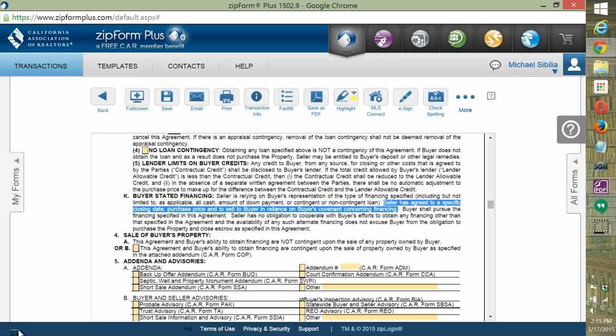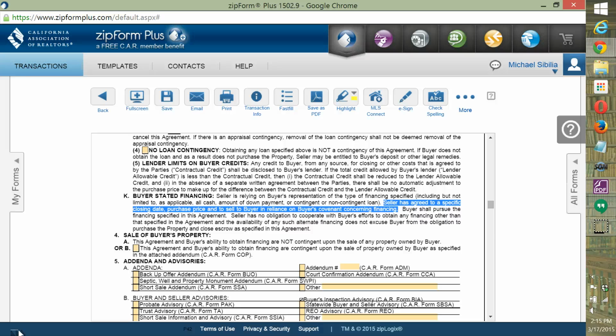All cash, no loan. Then the buyer asks for an appraisal. Well, that's not the same contingency, right? Even if I'm an investor, I could get an appraisal. Then it became obvious that the buyer was getting a loan and wanted to delay close of escrow because they were taking too long getting their loan together.